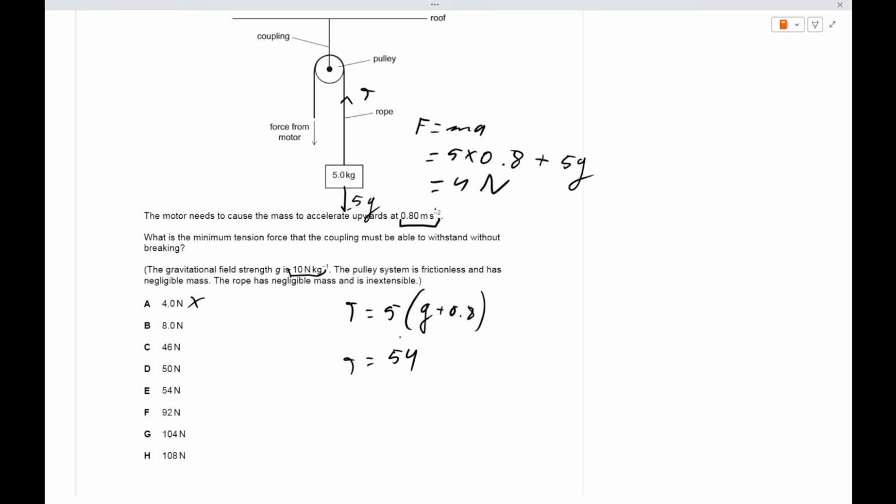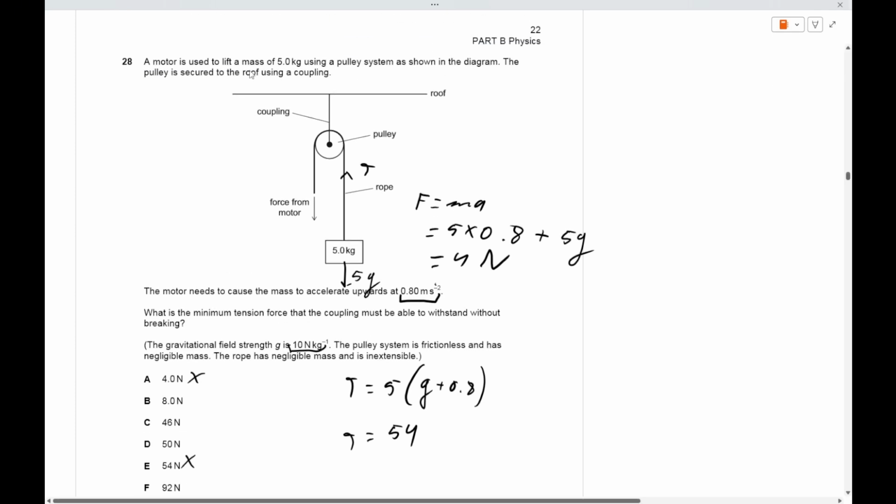But here lies the thing. You would say, oh, it's E, but it's not E, because it says what is the minimum tension force that the coupling must be able to withstand. But we know that the tension here has to be T. That has to be 54.